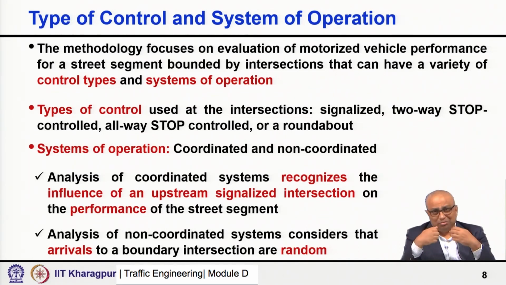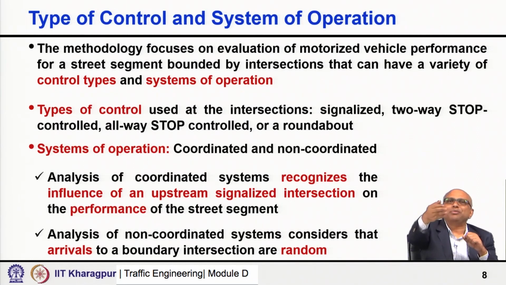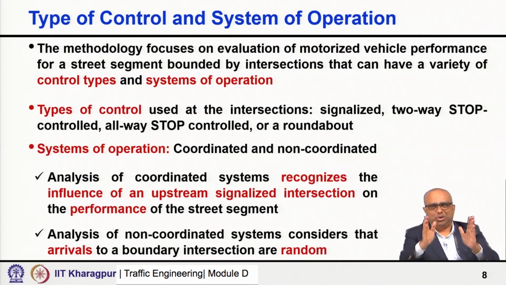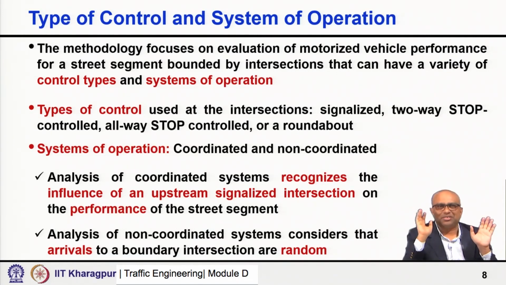So that the majority of the vehicles arriving at that time can pass through the signals without stopping, and that should happen for all the signals which are coordinated. So, you can coordinate the whole corridor. You can do coordination in one way, you can do coordination in two ways, there are so many other complexities, but that is what we say: the system of operations of signals could be coordinated, could be non-coordinated.